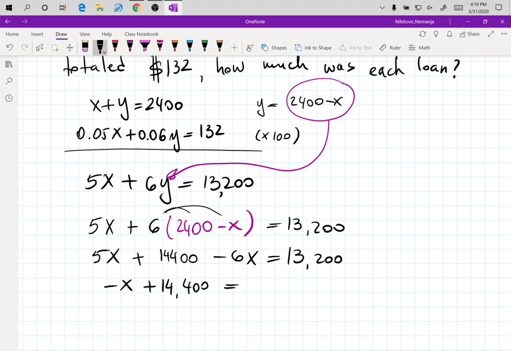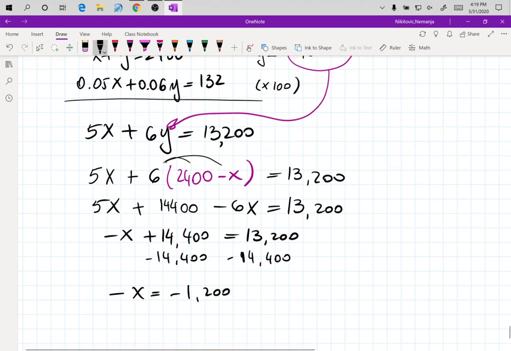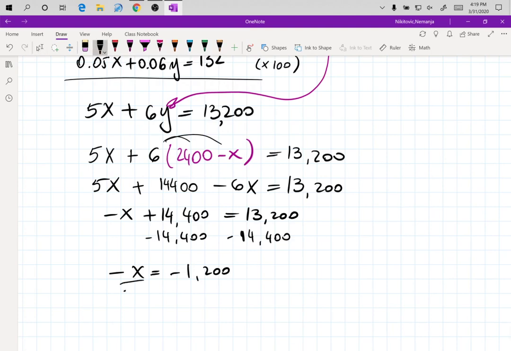There we go. Equals 13,200. Subtract 14,400 on both sides. And we get negative x equals negative 1,200. Divide both sides by negative 1. And we get that x equals 1,200.